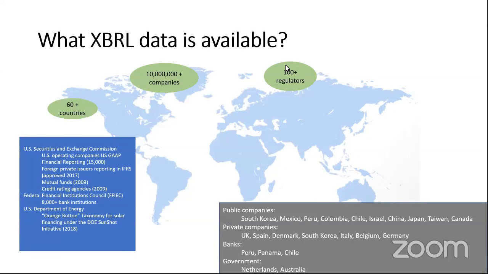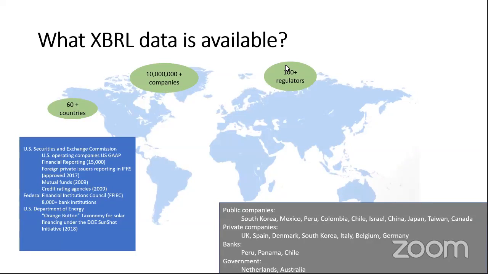Outside the US, there are a lot of implementations throughout the world. Public companies are required to report in South Korea, in Mexico, Peru, Colombia, Chile, Israel, China, Japan, Taiwan, and Canada. And private companies also have to report in XBRL in the UK, Spain, Denmark, South Korea, Italy, Belgium, and Germany.